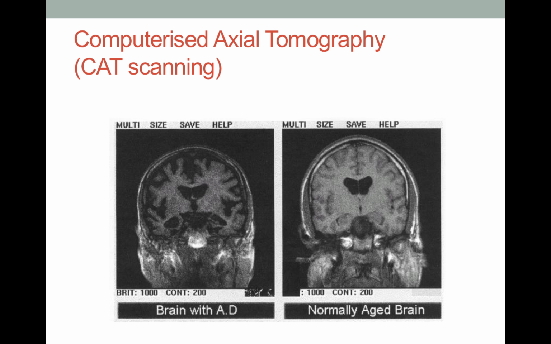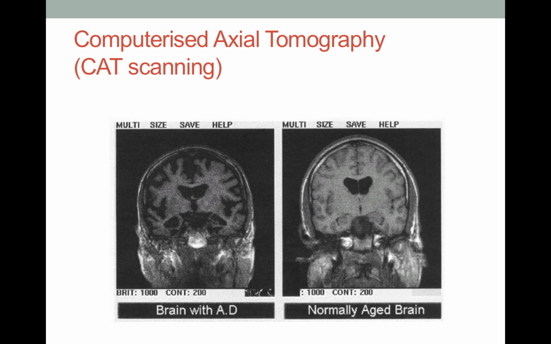And we can see here an example of how CAT scanning might be used to help us understand what is happening physically in the brain in different patient groups. Here are two images. One is of the brain of a patient with Alzheimer's disease, and the other is of a normally aged brain.